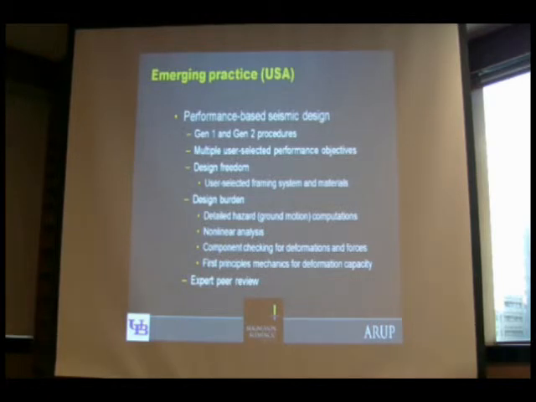Performance-based seismic design enables significant design freedom. So you pick the framing system, but then there's a burden on the engineer of record to demonstrate that the intended performance is achieved. And there's some significant design burden. You have to move away from the traditional prescriptive rules that we find in our codes of practice.